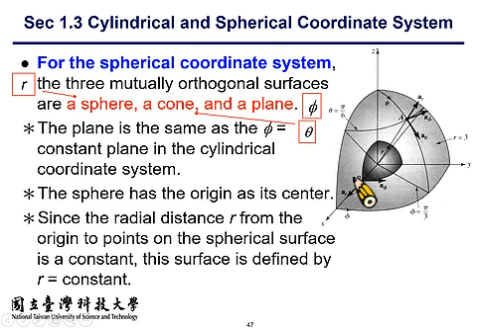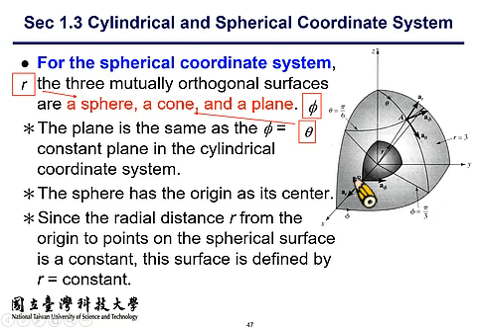Next is theta. Theta is a length or an angle? Theta is an angle. Okay? So which direction is theta equals 0? So the theta angle begins from the positive z direction. Okay? So it's starting from the top of your head, the Az direction. So theta describes the angle difference from the z direction to your observation point.